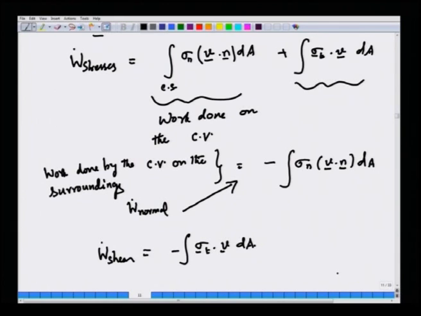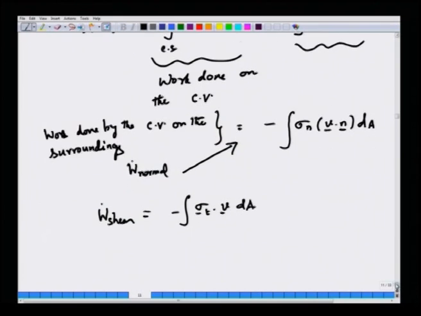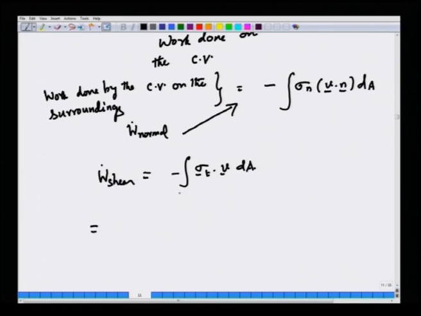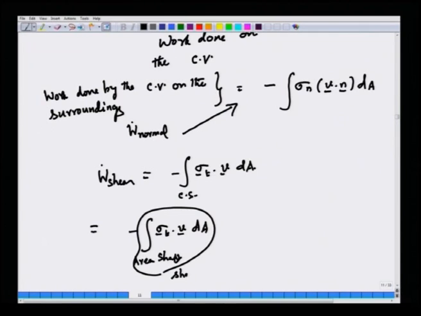Now, what are the various components to the shearing forces? There are three types of areas. One is the area over shafts, sigma t dot v. This we already have accounted for as the shaft work. So, this entire thing is called the shaft work, minus integral sigma t dot v dA over solid surfaces.